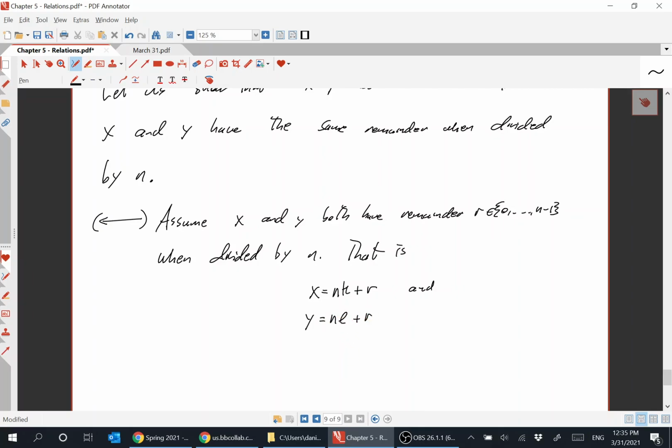X is a multiple of n plus that remainder, y is a multiple of n plus that remainder. Therefore, y minus x is equal to nl plus r minus nk minus r, so the r's cancel, which is equal to n times l minus k, which is a multiple of n. Meaning what?